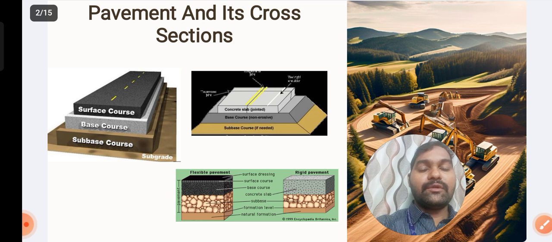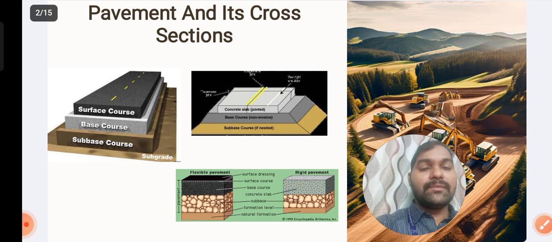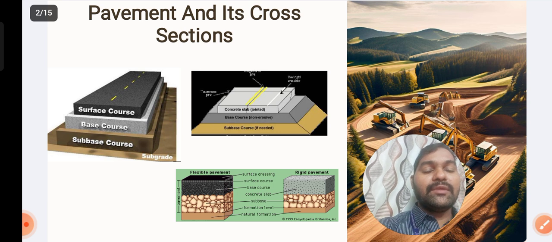In the flexible pavement, the surface course is constructed with bituminous concrete, and in the rigid pavement, the surface course is constructed with plain concrete or maybe reinforced concrete. But the common element in both is the subgrade. The subgrade is constructed with soil only. This soil should have a minimum bearing capacity of 10% as per IRC codal provisions.